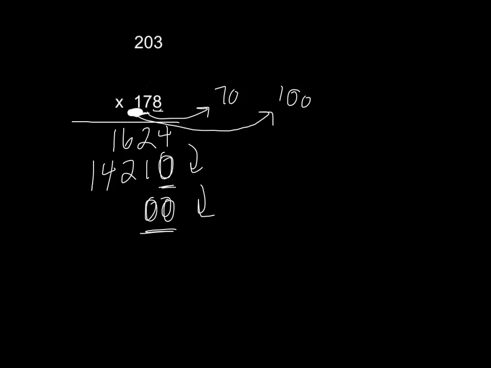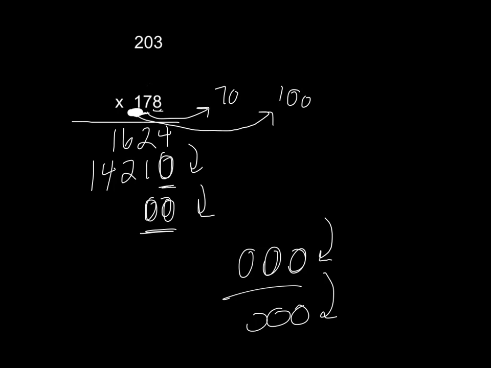So there's a pattern. If I were to go down a third row, I would add 3 zeros, and another row, 4 zeros, and so on. So this time, because I'm in the hundreds, I'm going to put 2 zeros, and it should be lined up directly under my 1.